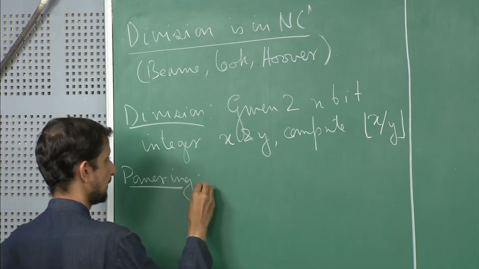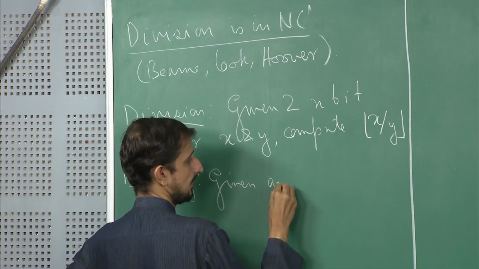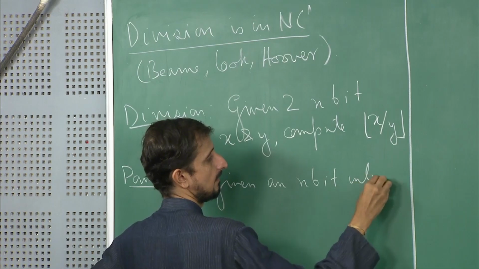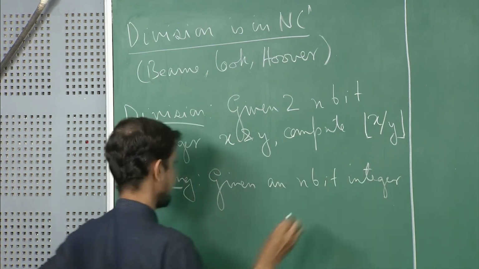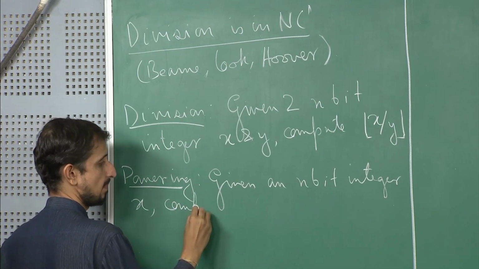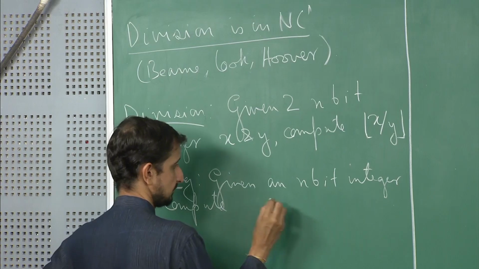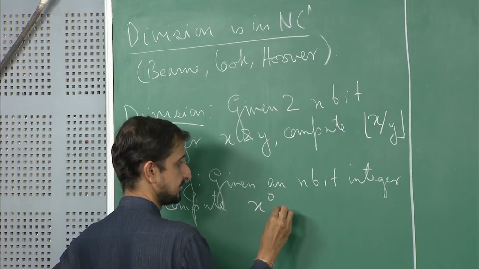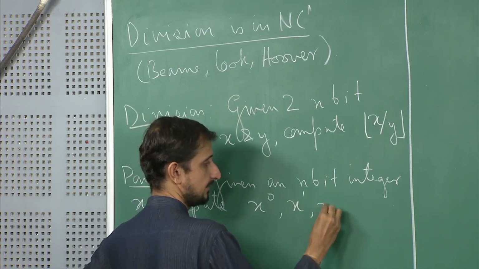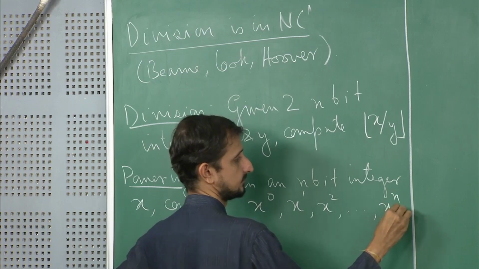Powering. So what is the powering problem? Given an n bit integer x, compute the powers. Basically compute x to the power 0, which is nothing but 1, x to the power 1, x to the power 2, and so on, let us say till x to the power n.